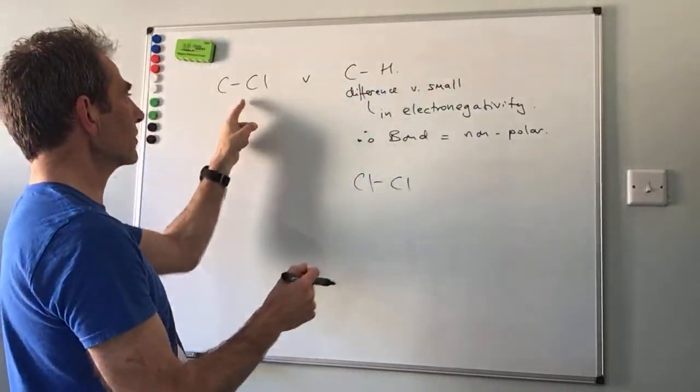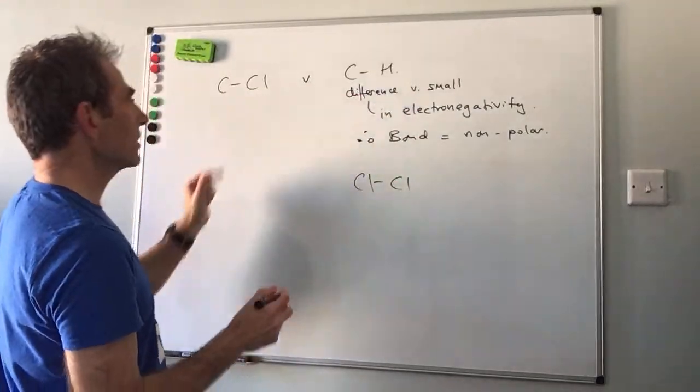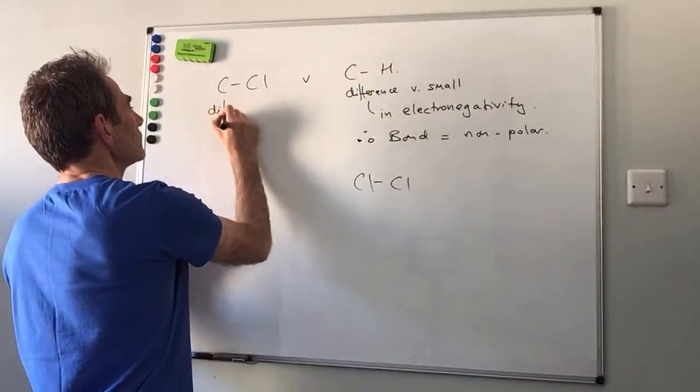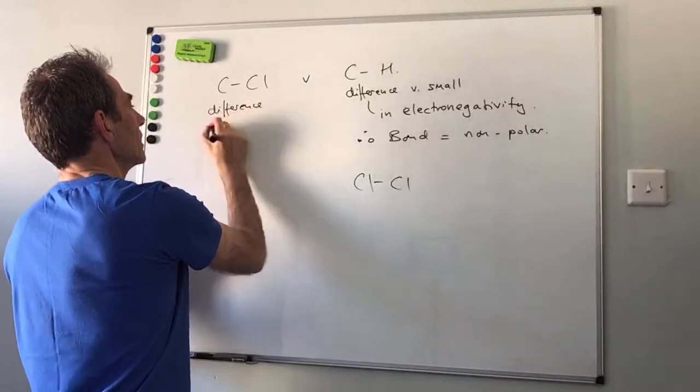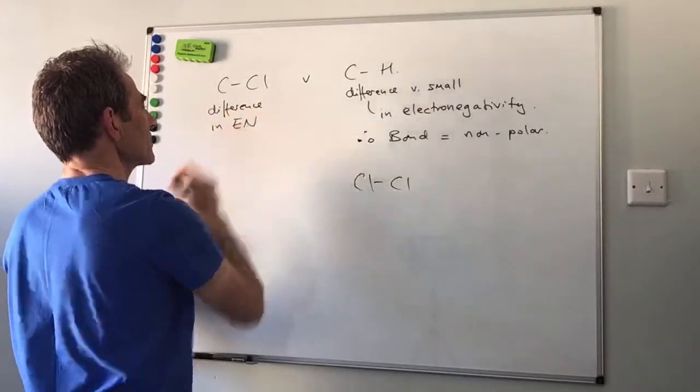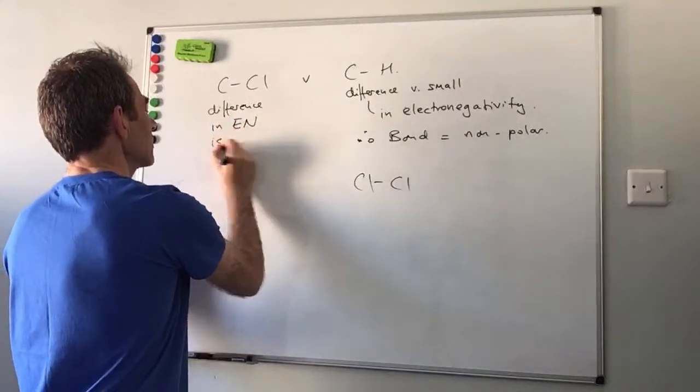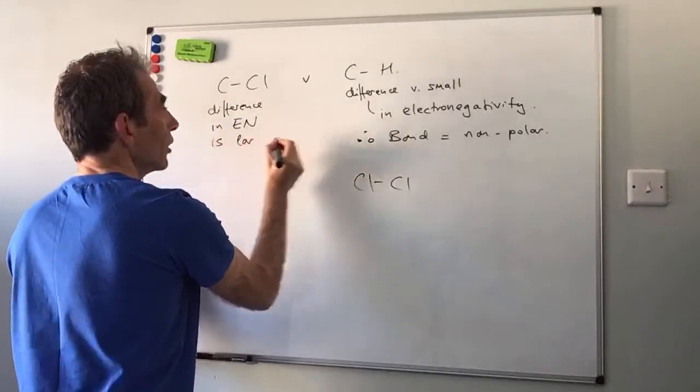And then if we jump over to the C-Cl bond, the difference is large. So the difference in electronegativity is large or larger.